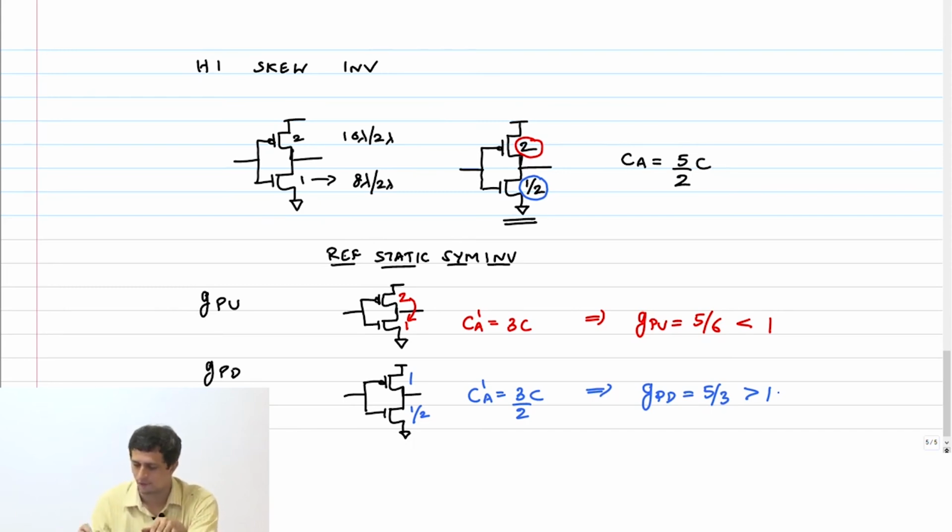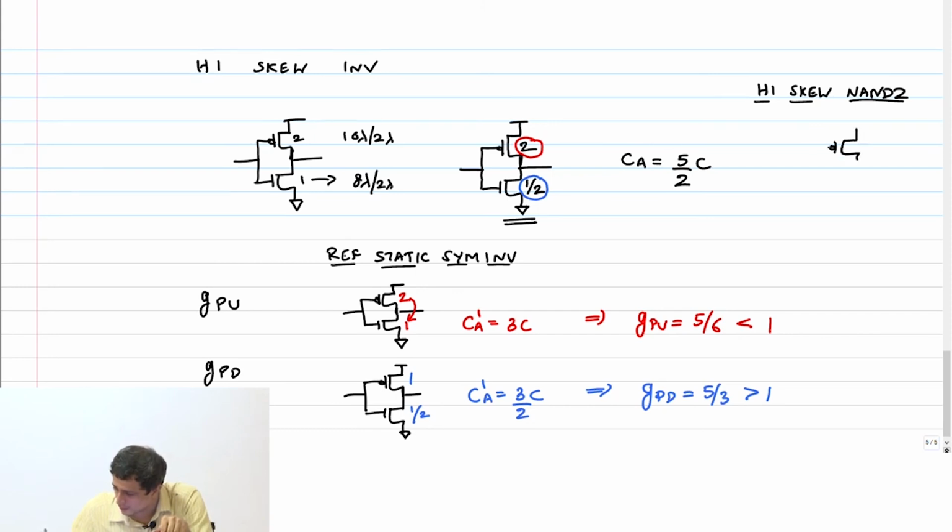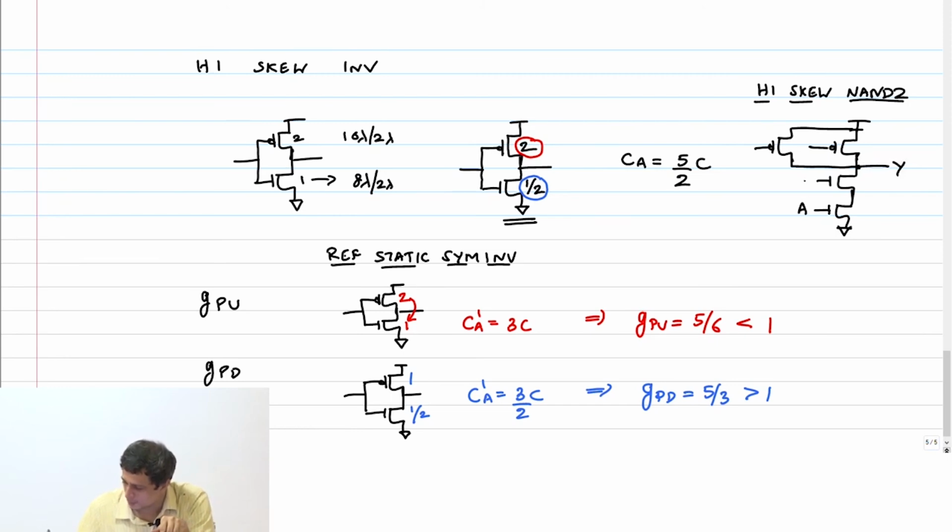So for example, I want to now construct a high skew NAND, with inputs A and B. So what will be my sizes of these transistors?